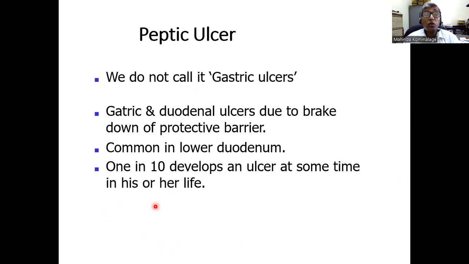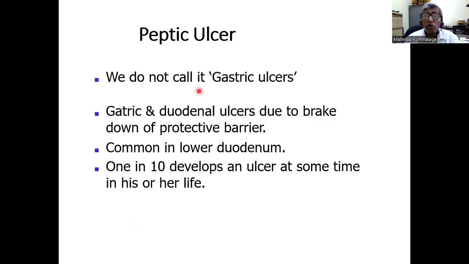Right? Of course, you will learn about peptic ulcers, so gastric ulcers, in a tutorial, but I will briefly go through these few slides. Peptic ulcers are ulcers due to excess acid secretion.